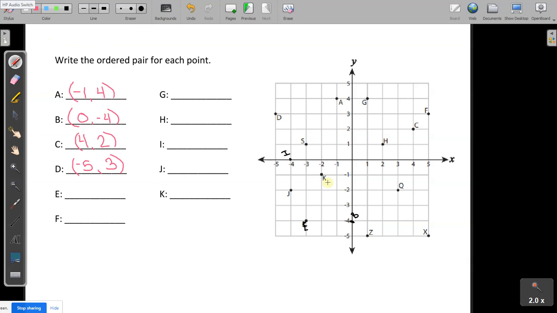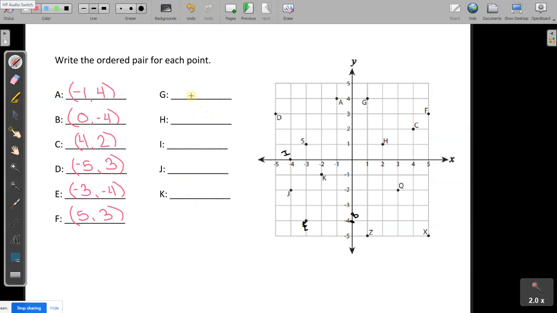So E, our x value is -3, and our y value is -4. F, all the way over here, our x value is 5, and our y value is 3. I want you to pause the video and do the next 5. Come back and check your work once you are finished.